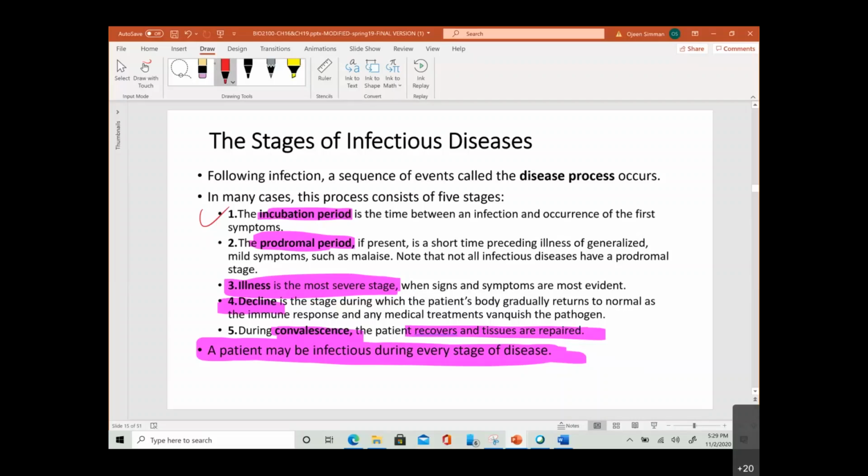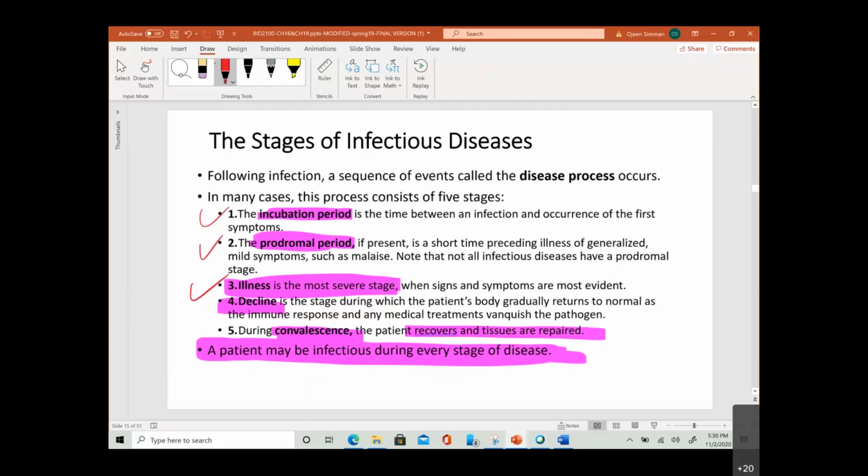Prodromal period. This is a vague, generalized pre-infection period that is caused by some pathogens, not all of them. This happens before the onset of the illness. The illness is the most severe stage of the infectious process. This is the stage where obvious signs and symptoms are manifested.